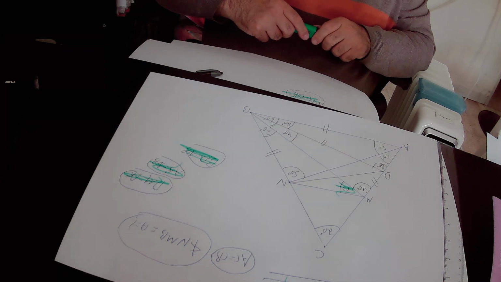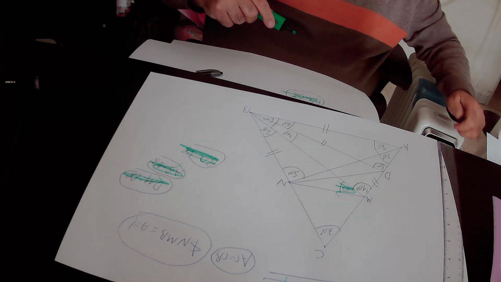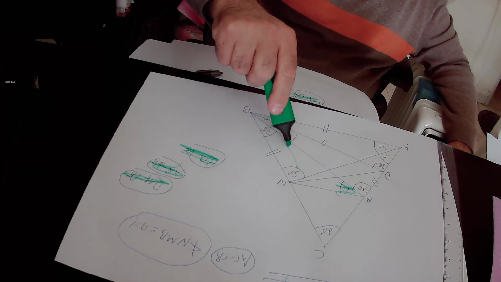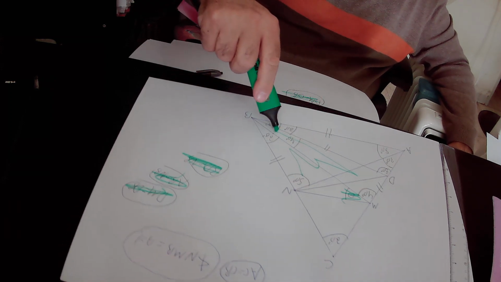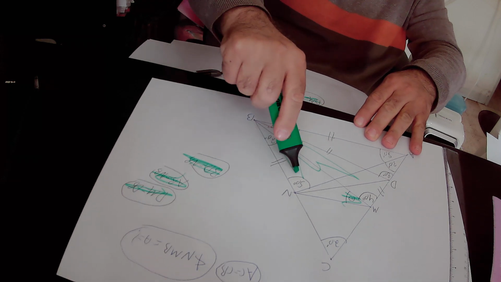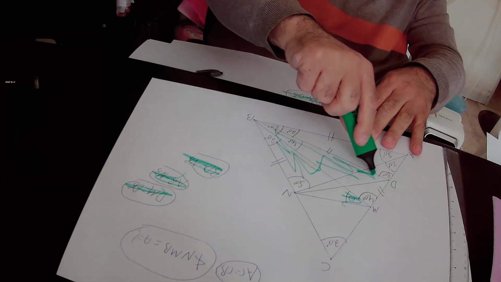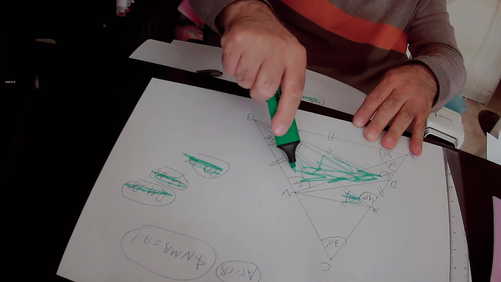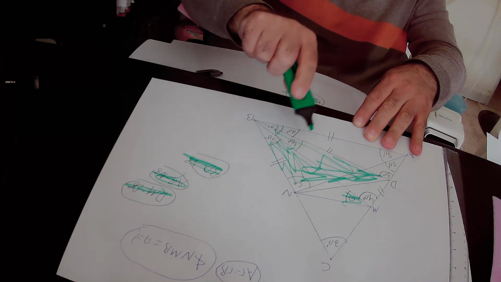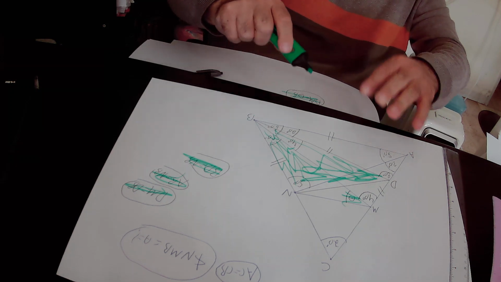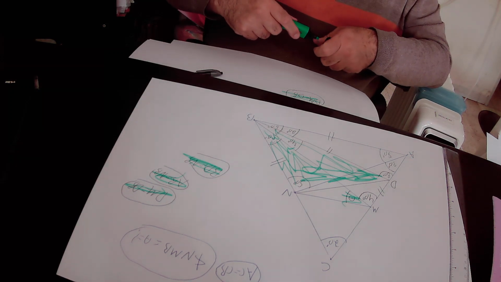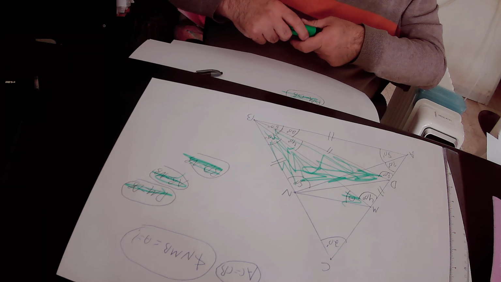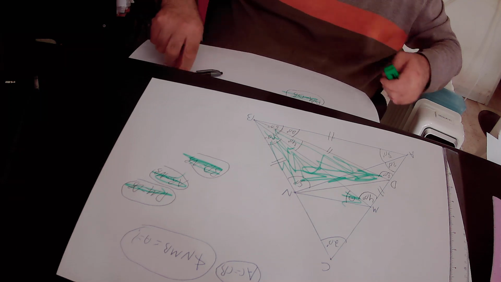Focus on the green triangle, triangle DNB. So I copy triangle DNB. In your question, we will analyze this triangle, triangle DNB.